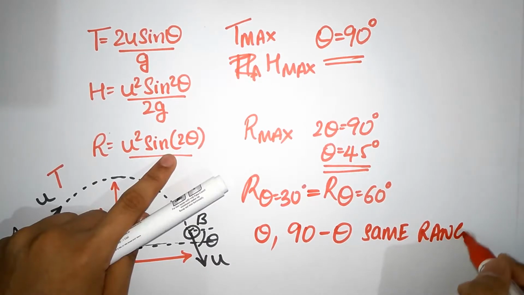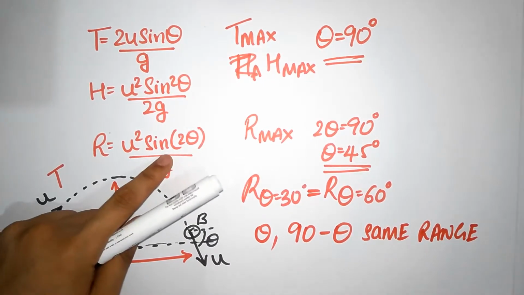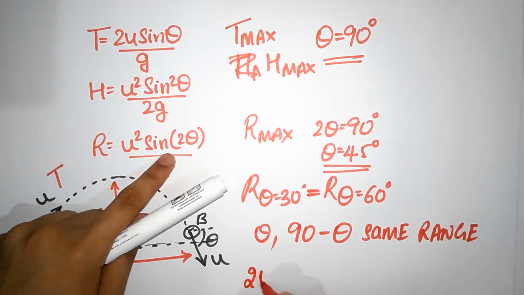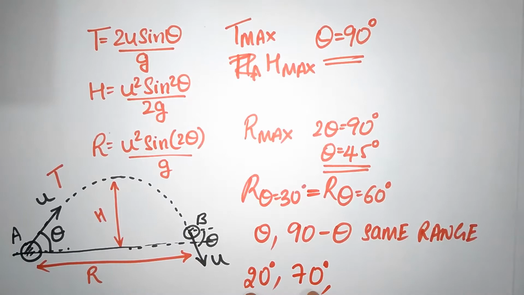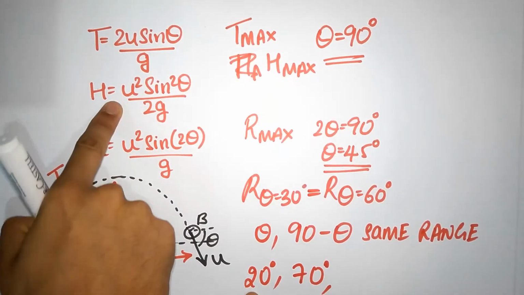Other examples: if you throw something at 20 degrees, you will get the same range for 70 degrees. But notice that for 70 degrees, you will get more height.